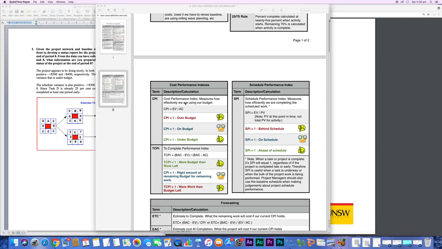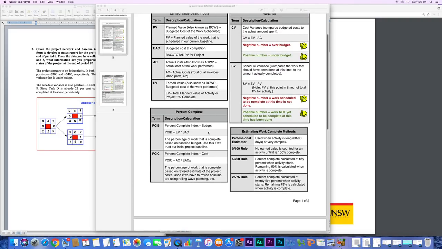That's why we're talking about efficiency here, only for the tasks that are underway, not the tasks that have been completed. Read here: when the task or project is complete, SPI is equal to 1, regardless of whether a project is completed late or early. So it's only looking at that certain point of time that you are at in your project.